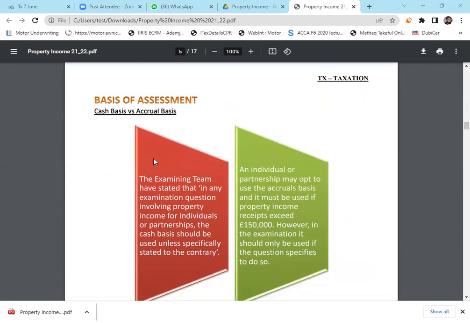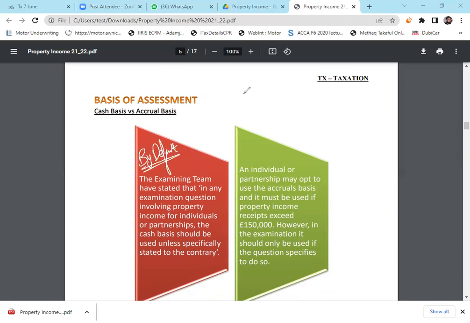Now, basis of assessment. In accounting, you know the accrual concept. Accrual means the due ends. How many months, like that, right or wrong? Right. But in property income, we do have both bases, cash basis as well as accrual basis. So by default, the examiner team suggests cash basis.